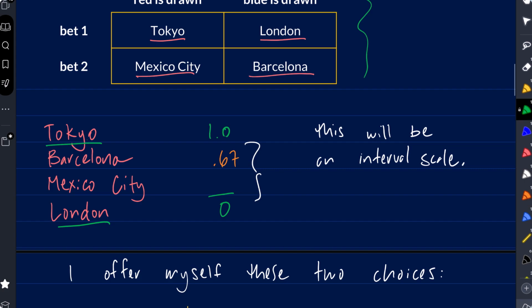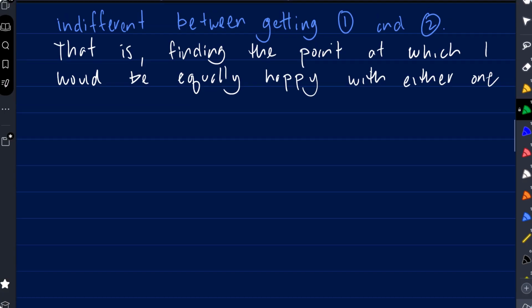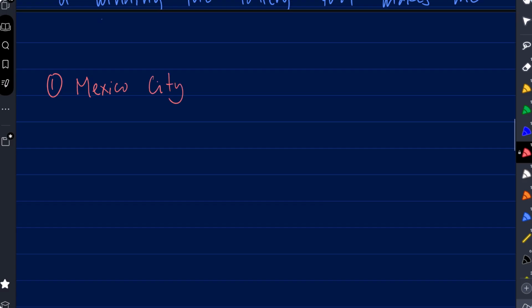Now I have to do the same for Mexico City. I need a value that's going to go right there on our list. I do that in a similar way. Okay, so now my two choices are these.